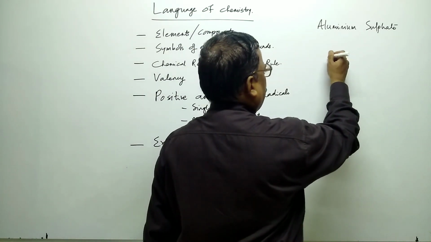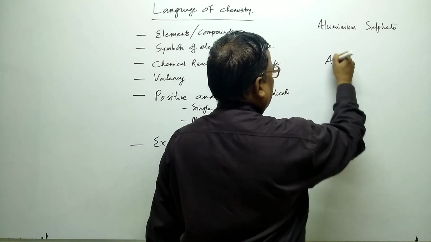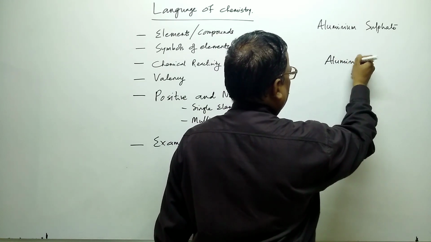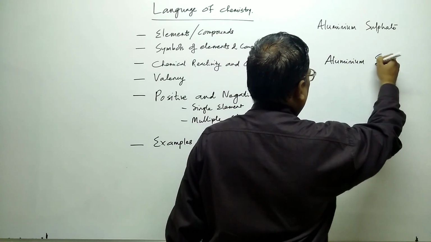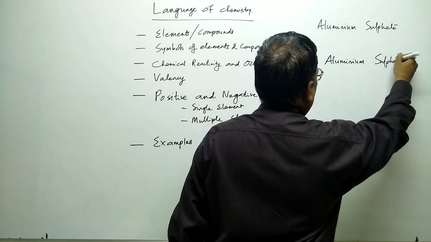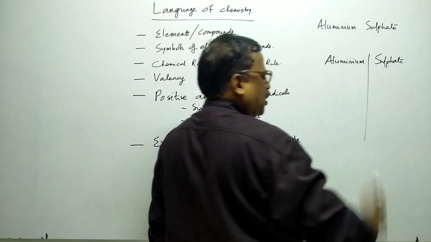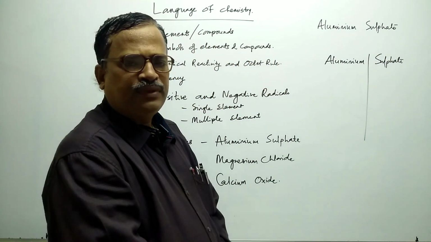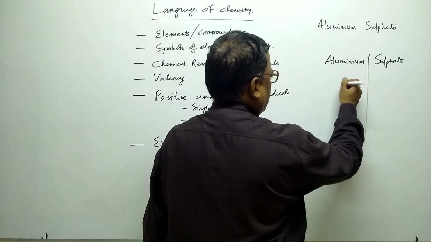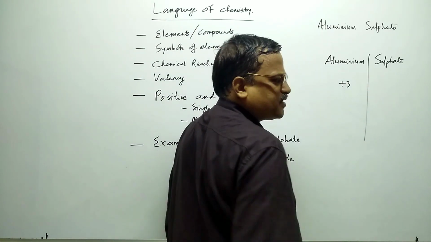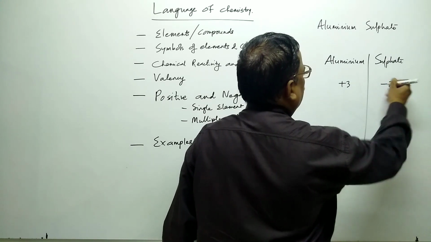So what we simply have to do is write aluminium separately and write sulfate separately. What is the charge on aluminium? The charge on aluminium is plus 3. The charge on sulfate is minus 2.